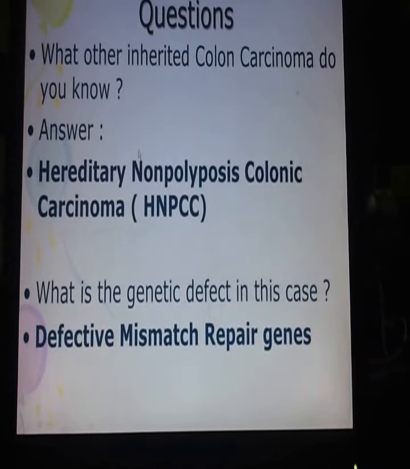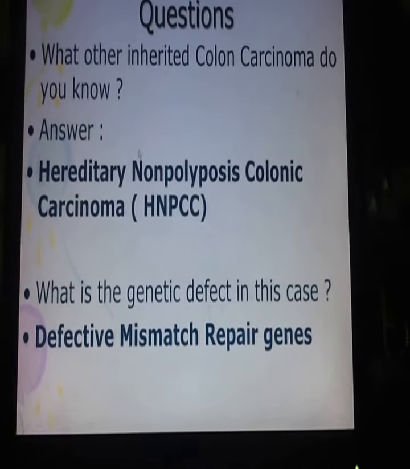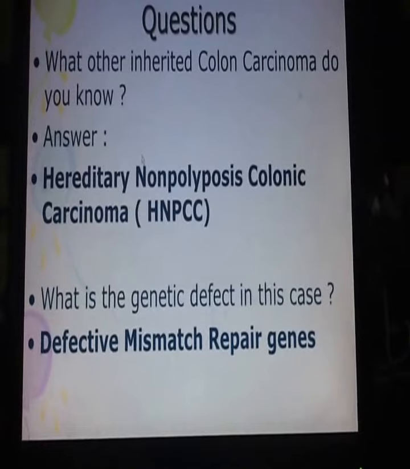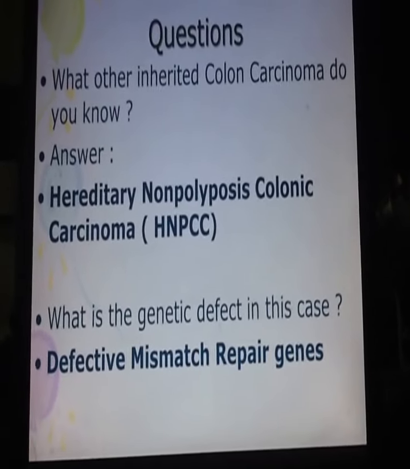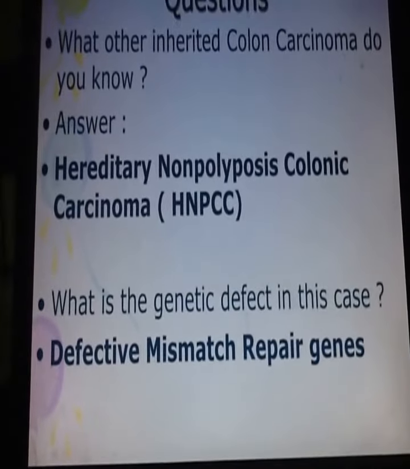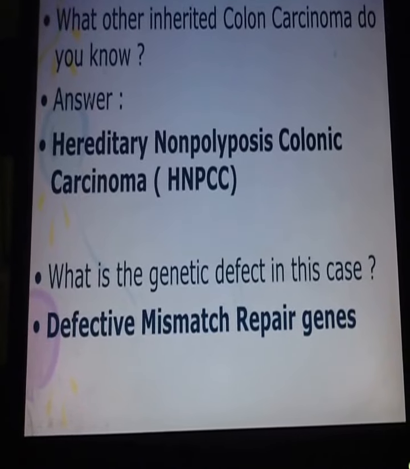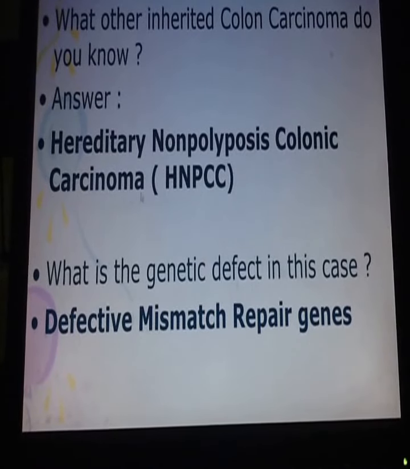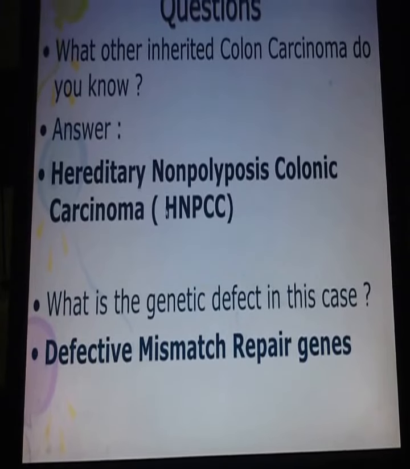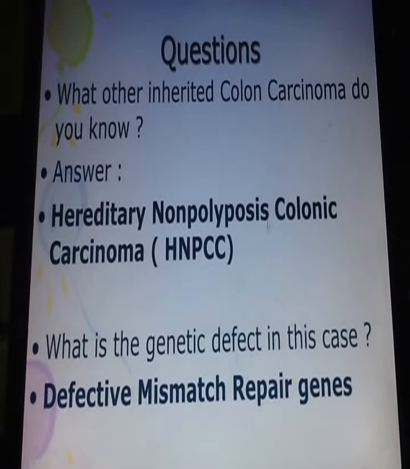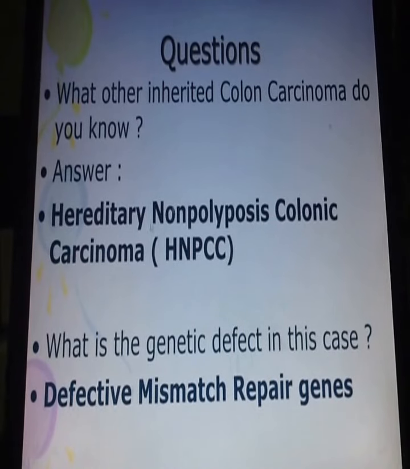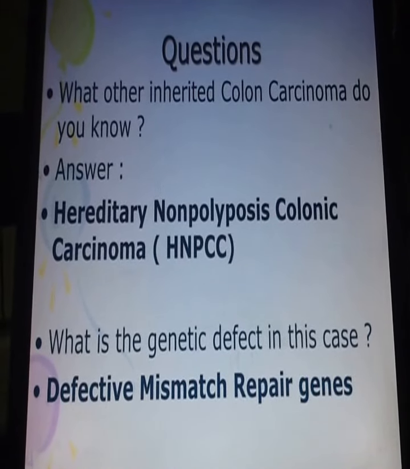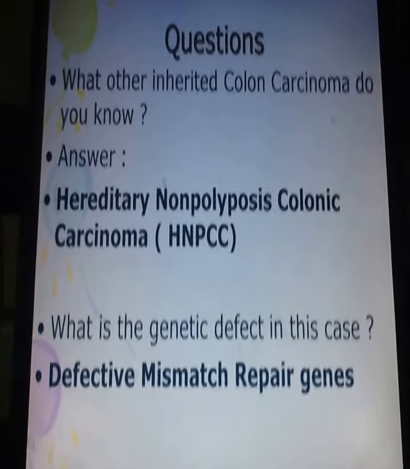So the first patient we talked about had what we called FAP, or familial adenomatous polyposis. Now we have another type of inherited colon carcinoma, which we call HNPCC, or hereditary non-polyposis colon carcinoma. And as the name indicates, the patient will have no polyps, just colonic carcinoma. So non-polyposis, hereditary non-polyposis colonic carcinoma.